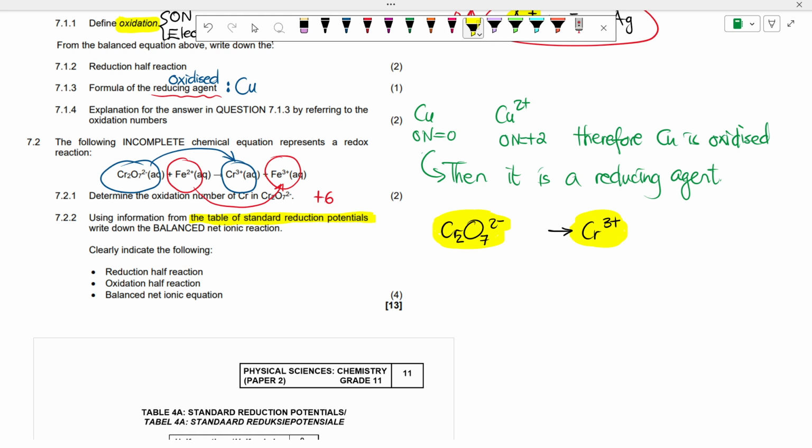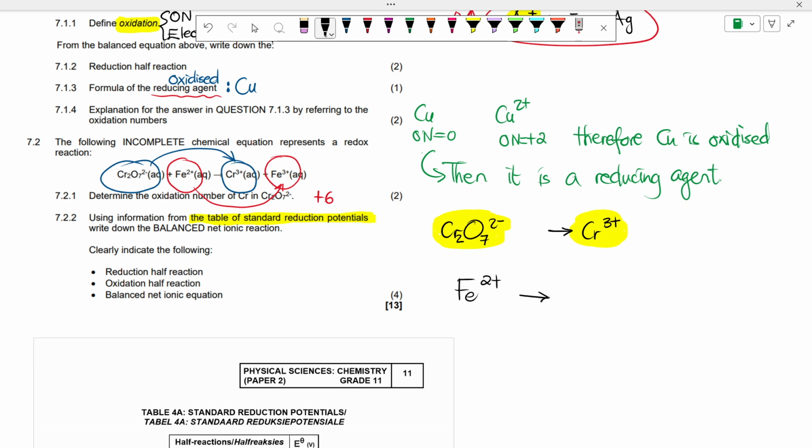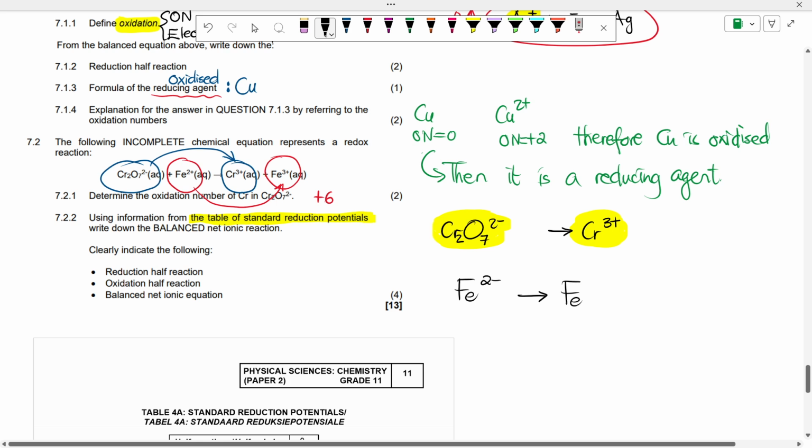I'm not sure if I'm making sense. It makes sense. All right. Same applies to the Fe. If you don't see Fe2 plus becoming Fe3 plus, then you know that you're not picking the right formula or the right half reaction.